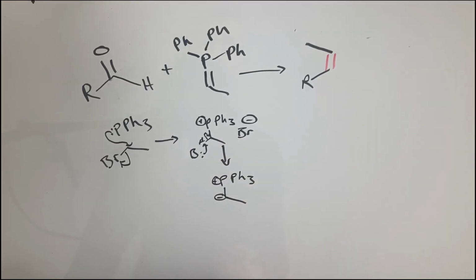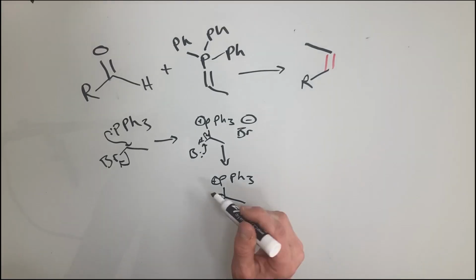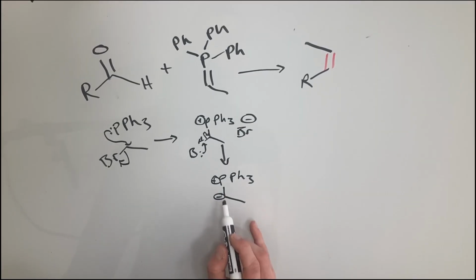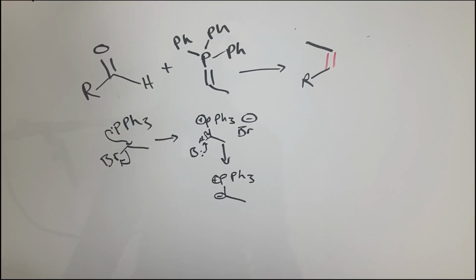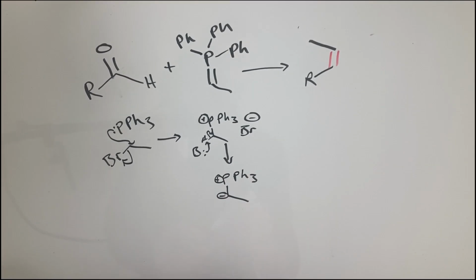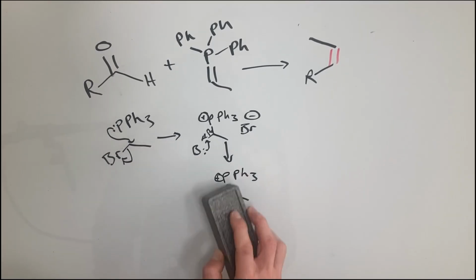So this is a phosphorus ylide. It's a resonance form of what I've drawn here. So both structures are correct. I actually prefer this structure sometimes because it kind of teaches you how the phosphorus reacts in this reaction. So I'm going to erase this, but let's keep in mind that this is the structure that we're starting with, and this is how you make it.